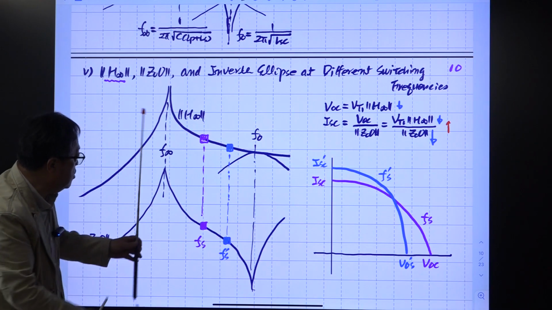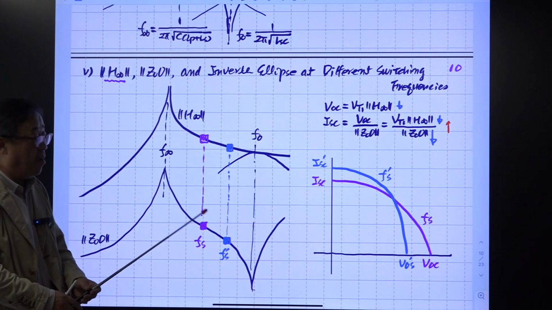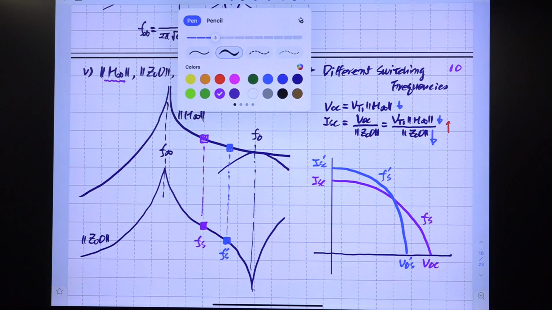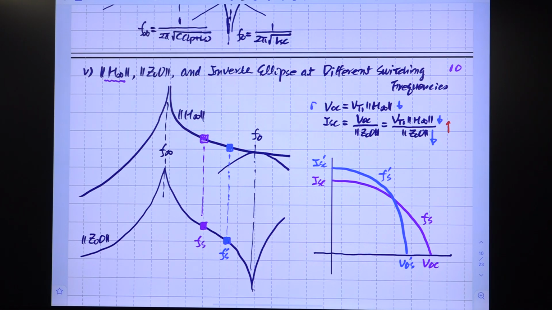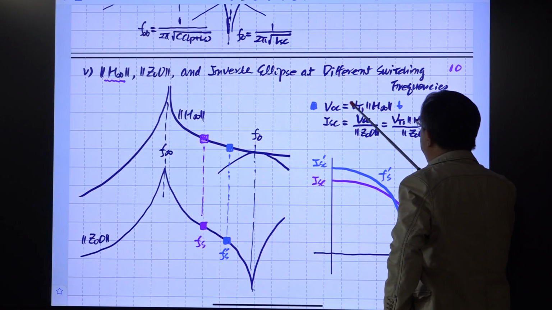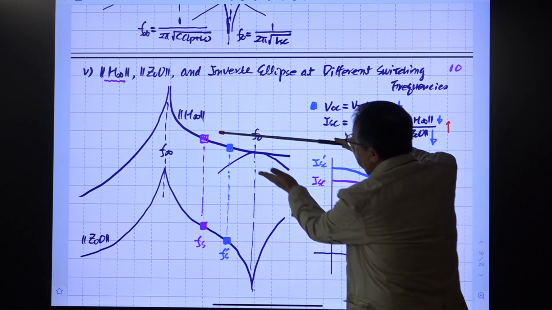Okay? So we shift the switching frequency to this point, then what will happen? This ellipse equation is shown here. So this is the new point, this blue squared point here. Then suppose VT1 remains the same. Obviously, it won't change, and the magnitude of this curve is reduced this much.